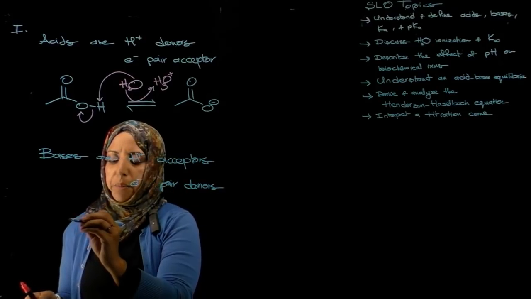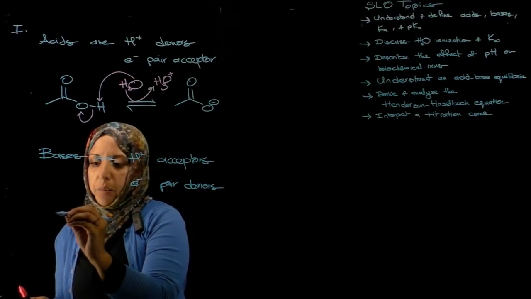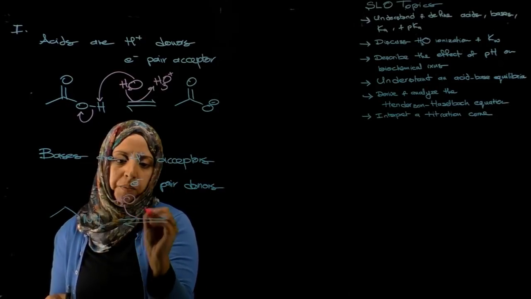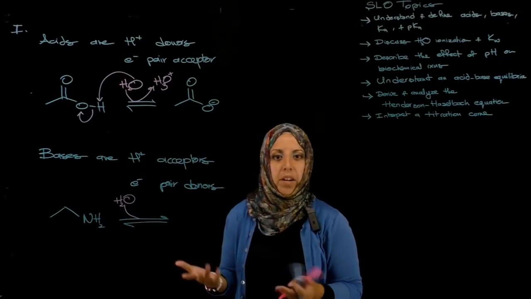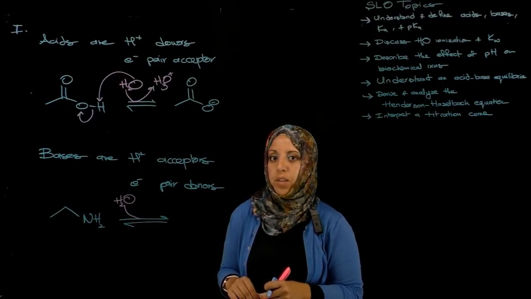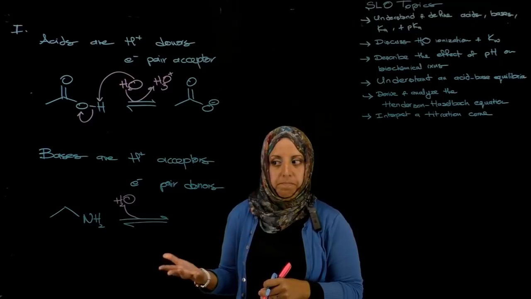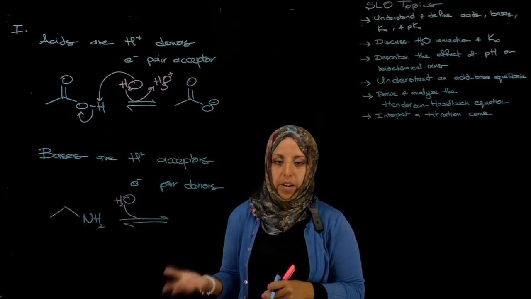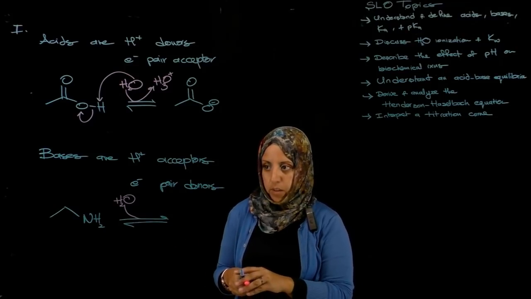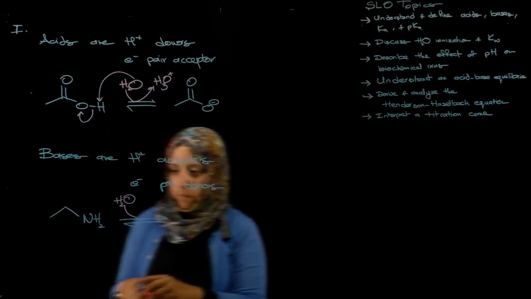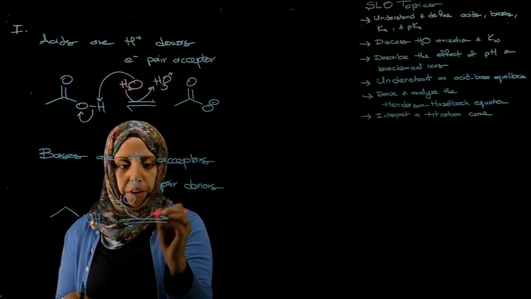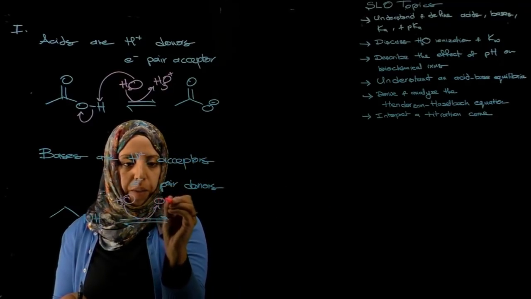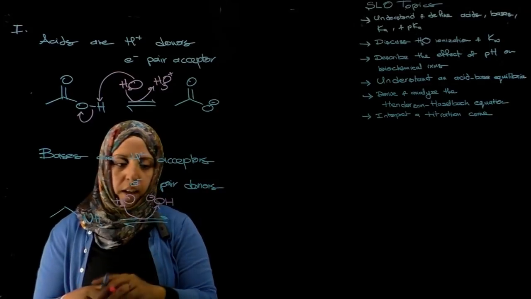So let's take an example of ethylamine, right? And suppose it's in water. Now what's going to act as an acid and what's going to act as a base? The less electronegative atom will act as a base in this case, which is the nitrogen. And water will lose a proton, so it'll become a hydroxide.